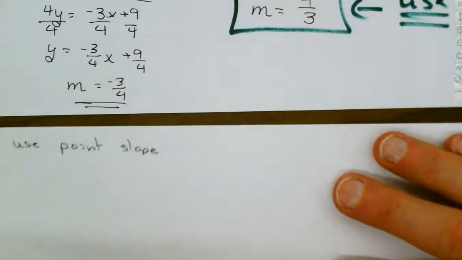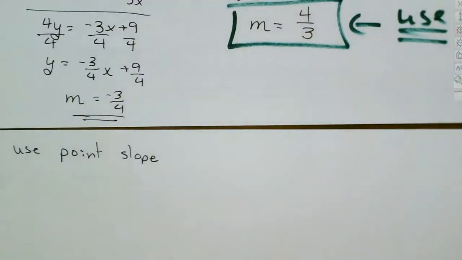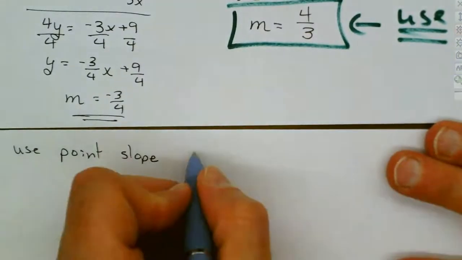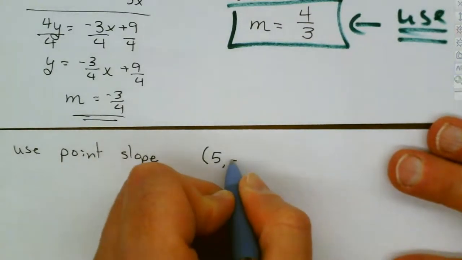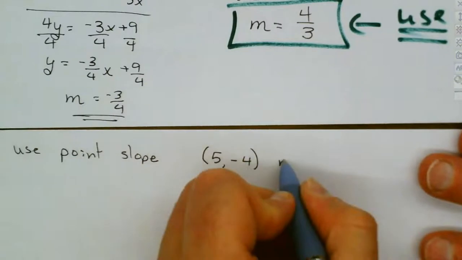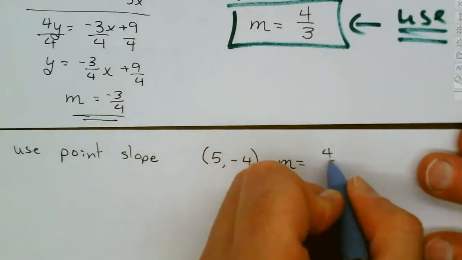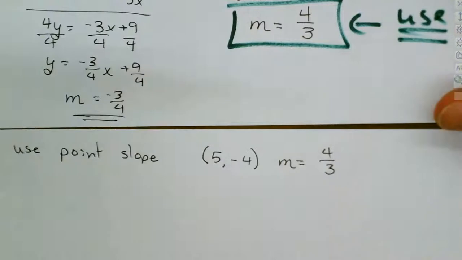And let's make sure we know what we're working with. I always like to rewrite things so we don't lose it. We're going to be using the point slope formula. And we've got that point (5, -4). And we're going to be using that slope 4/3. That's the one that we use, positive 4/3.